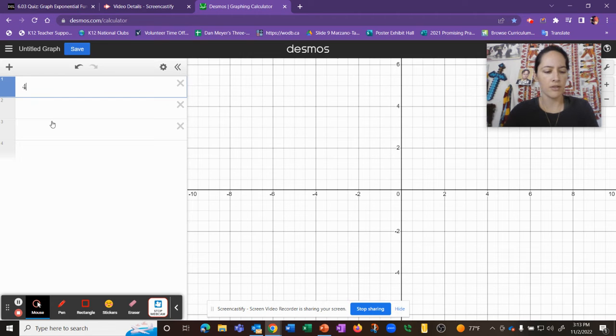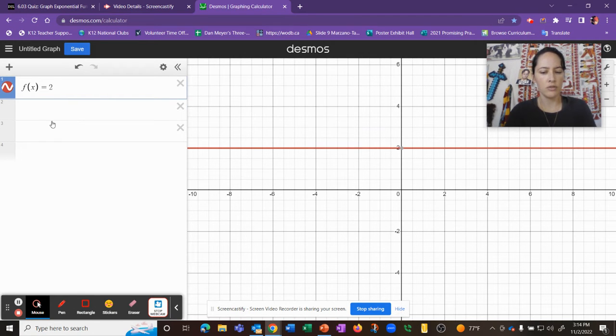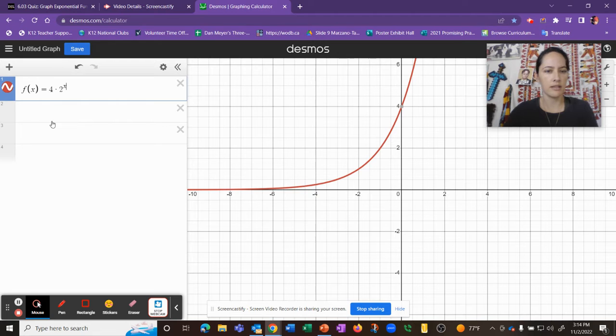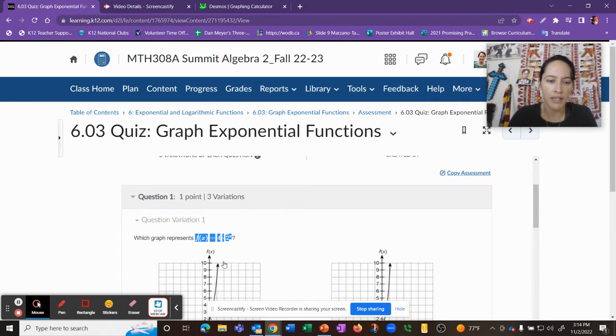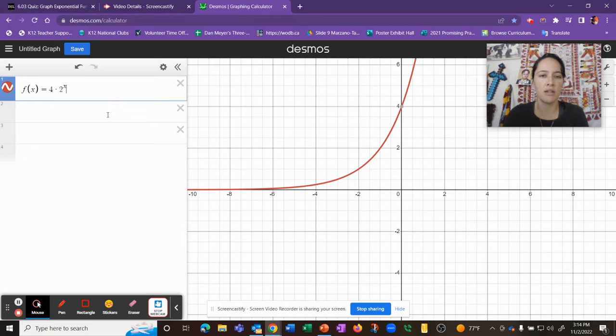Okay, I don't know what happened there. So 4, maybe they do recognize f of x is equal to 4 times 2 to the x. Oh, they do recognize that notation. So what happened instead is when I copy pasted it from here, it had some sort of text that this system didn't recognize.